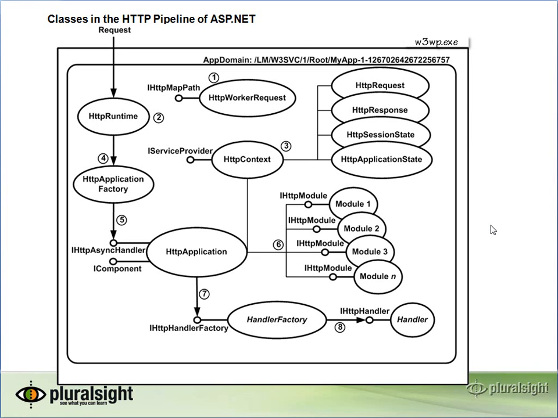We now turn our attention to the pipeline itself in ASP.NET and what happens after IIS hands off the request to ASP.NET. So there are quite a few classes involved in this picture.